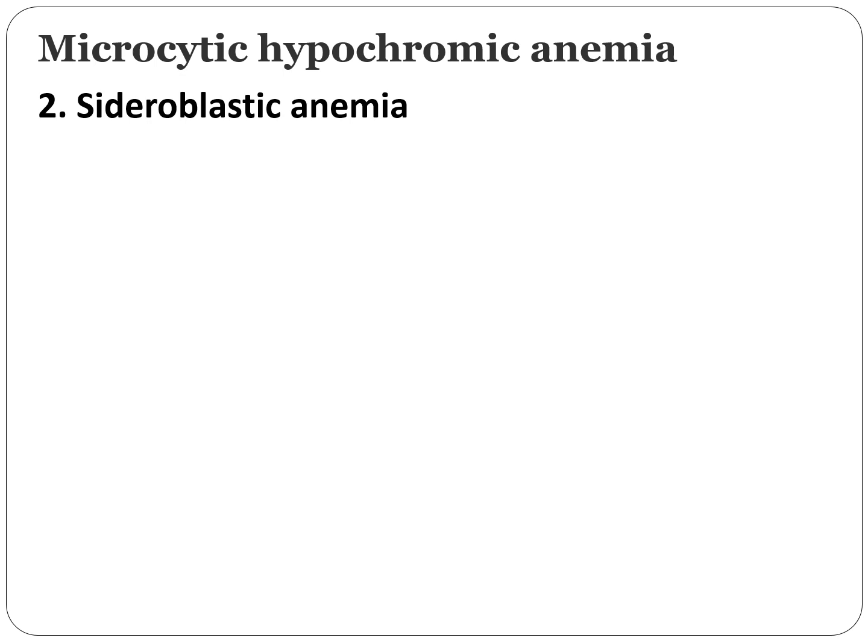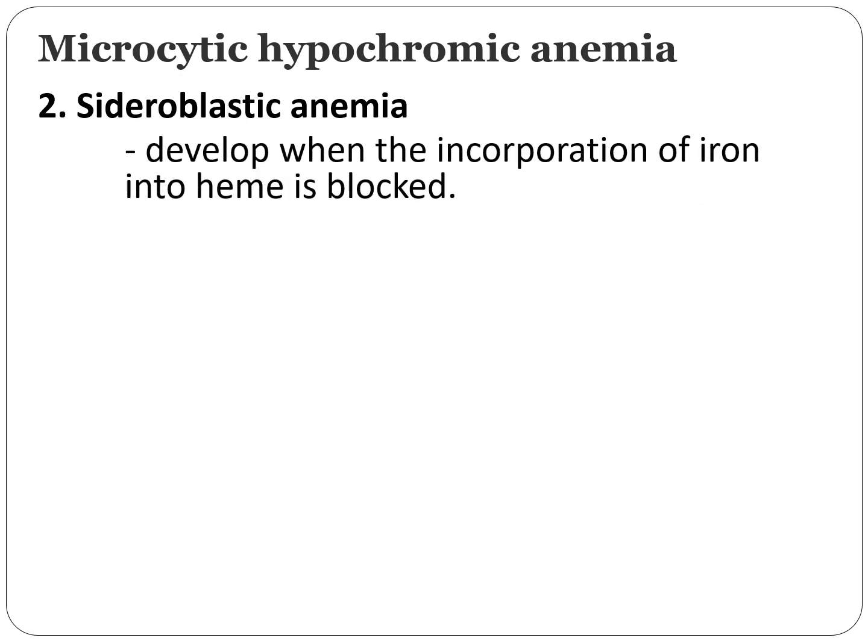Sideroblastic anemia is under pa rin ng ating microcytic hypochromic anemia. Sideroblastic anemia develops when the incorporation of iron into heme is blocked.